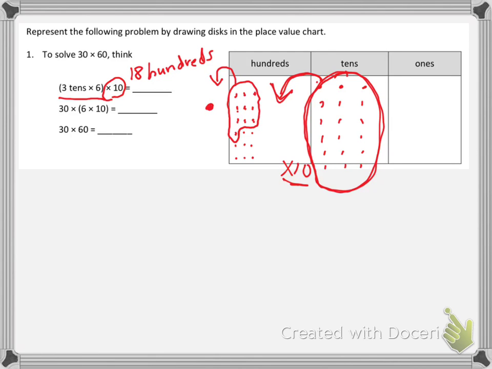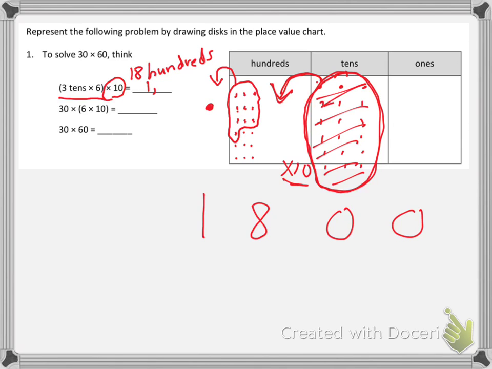So now we have 1 in the thousands place. We have 8 in the hundreds place. These 10 hundreds are no longer there because we already cashed them in, and we don't have any ones. So our number is 1,800.